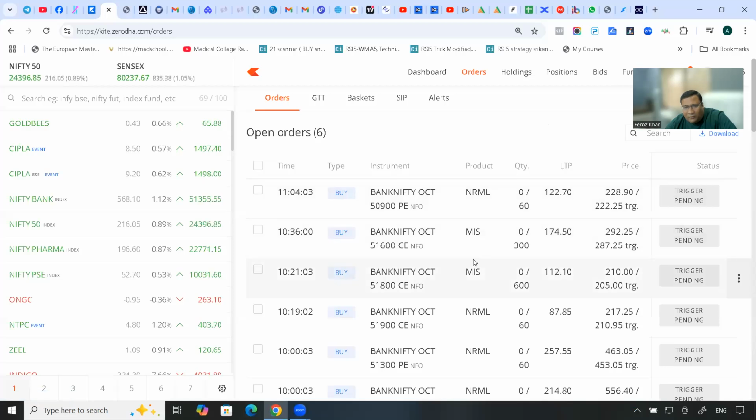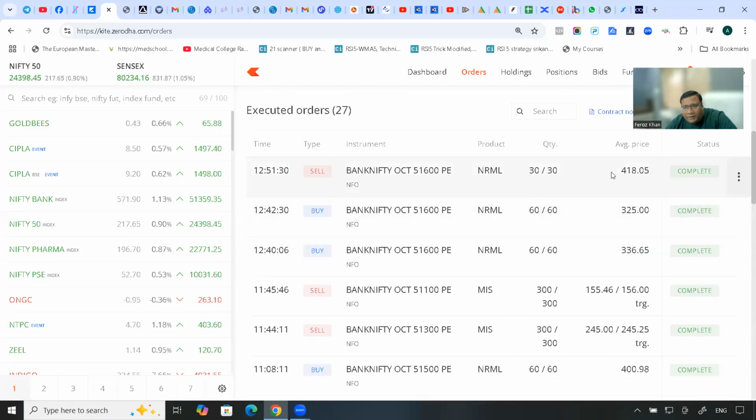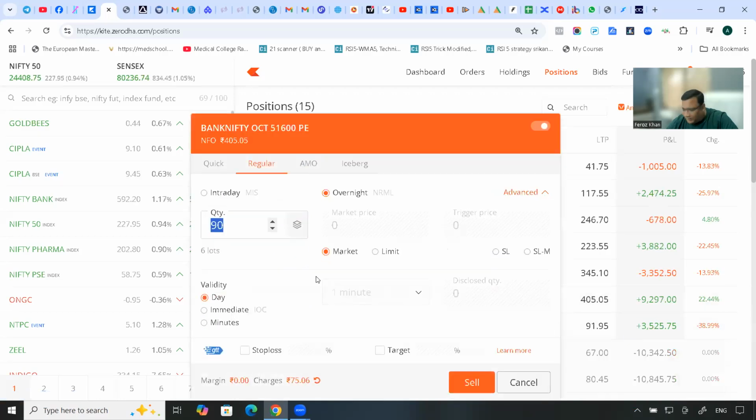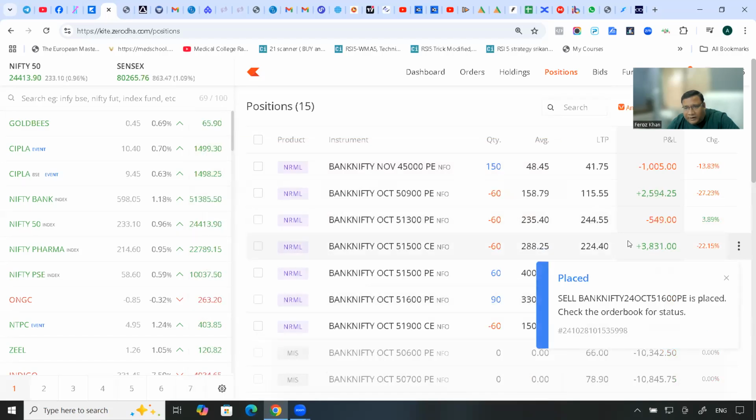What we can do next is, we have taken this order of 51,600 put at 325. So just to be on the safe side, in case it reverses and the profit reduces, we can apply a stop loss at 325 and protect our profits.